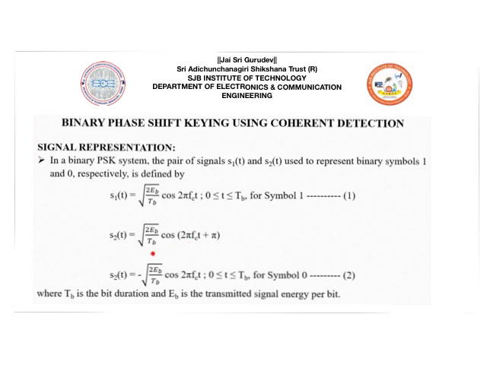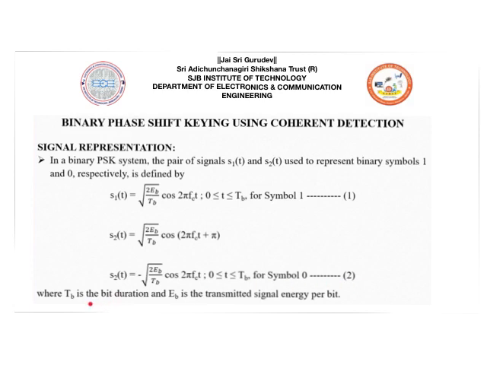So the expression changes to square root of 2 Eb by Tb cos of 2 pi fct plus pi. This cos of 2 pi fct plus pi is nothing but minus cos of 2 pi fct. So substituting that, we will get the expression for S2 of t as equal to minus square root of 2 Eb by Tb cos of 2 pi fct. Again, it is within the symbol duration, that is 0 to Tb. This expression is for symbol 0. For symbol 1, we can write that as expression number 1. For symbol 0, we can write that as expression number 2.